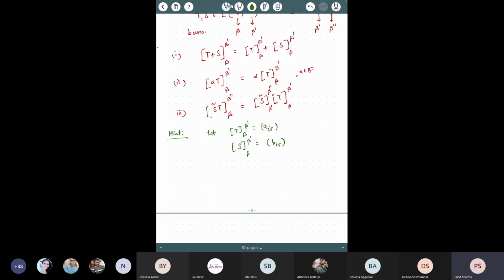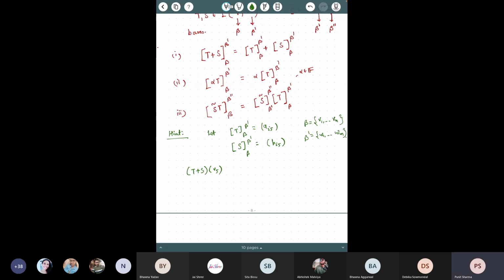Now what you have to do is find the matrix of T plus S with respect to B and B dash. So how to find the matrix of T? You know how to do that. You have to find the images of the basis vectors. So let's say B is V1 to, let's say, Vn, and B dash is, let's say, W1 to Wm.